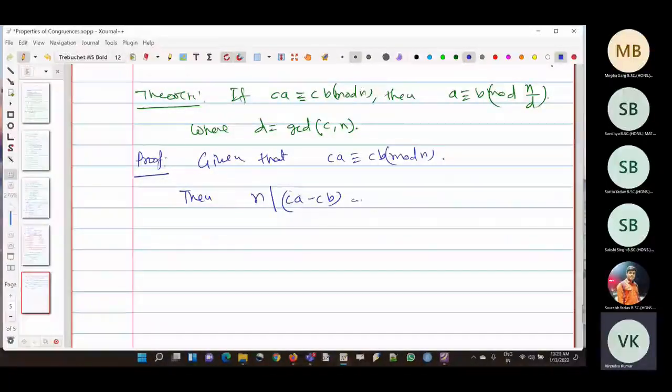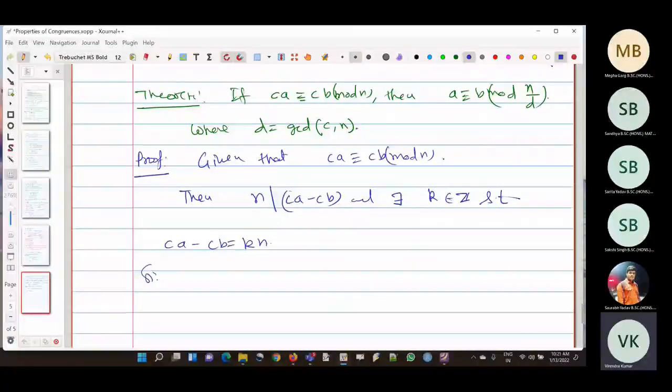And there exists an integer k such that CA minus CB equals k times n.